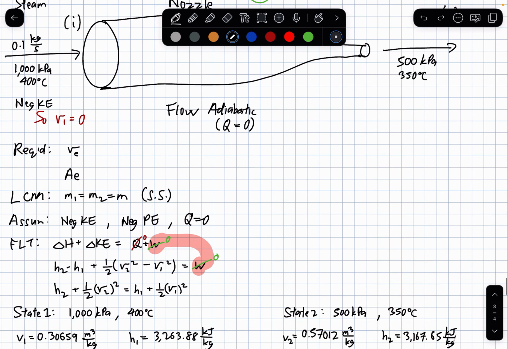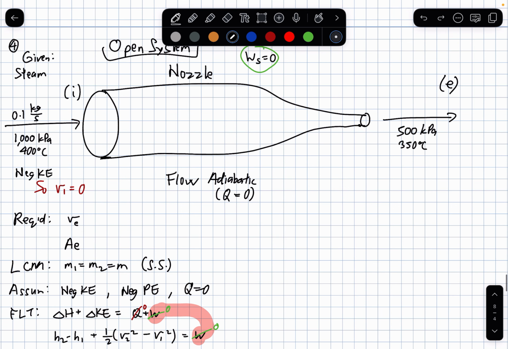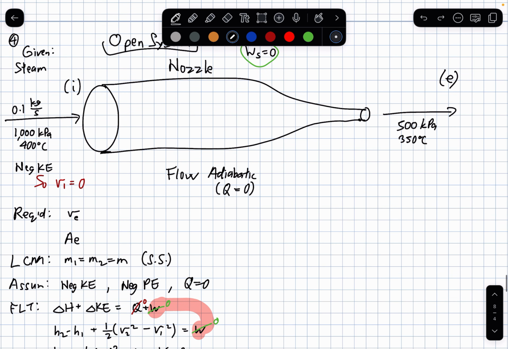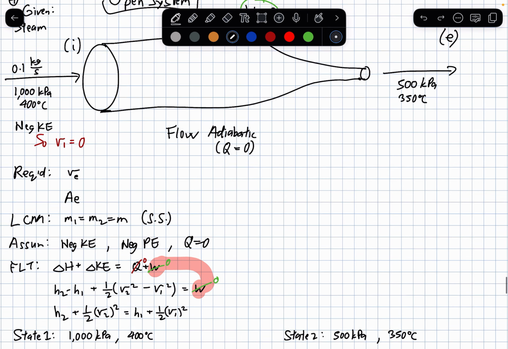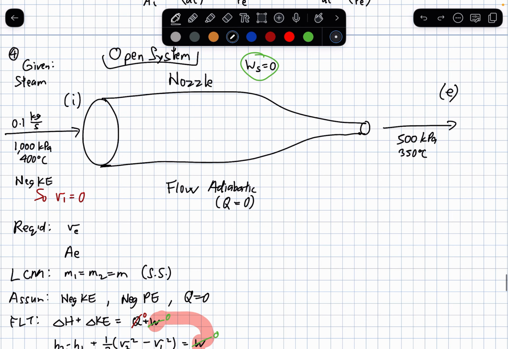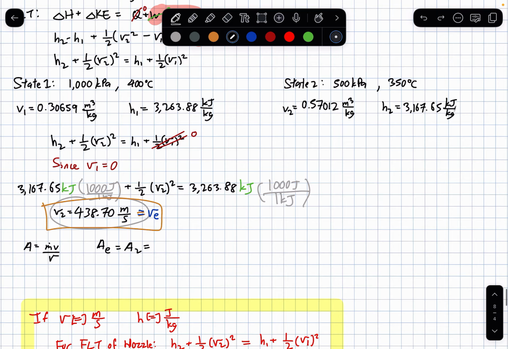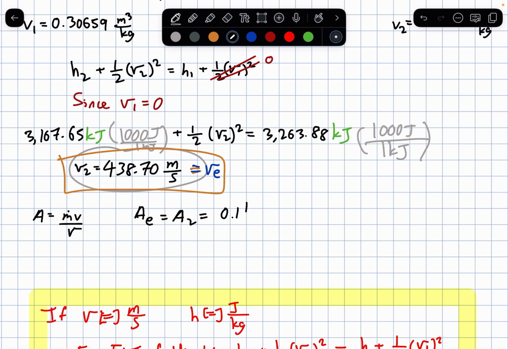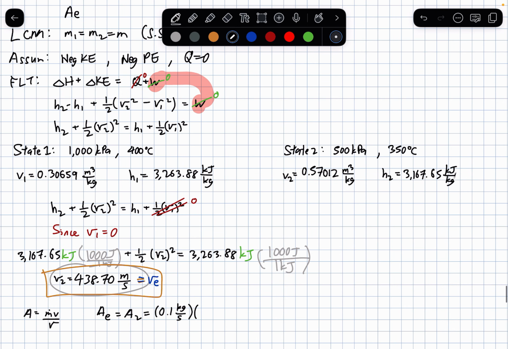So what's the mass flow rate? What's the specific volume at 2?